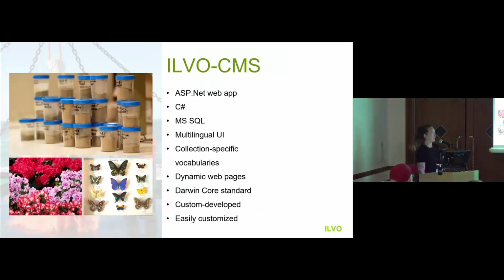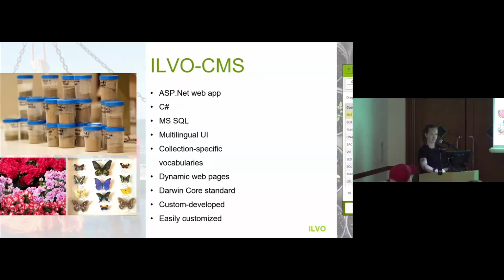Bit of technical stuff. It's an ASP.NET web application based on a normalized Microsoft SQL relational database. It has dynamic web pages, which was very important because we have very diverse collections. So for each collection, we needed collection-specific fields, and a lot of them, unfortunately.